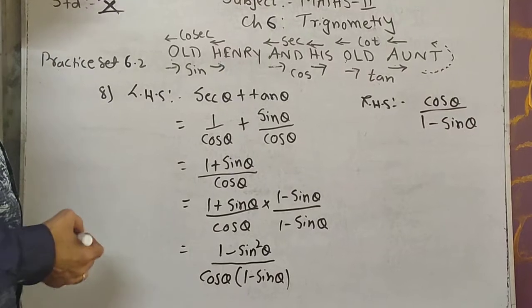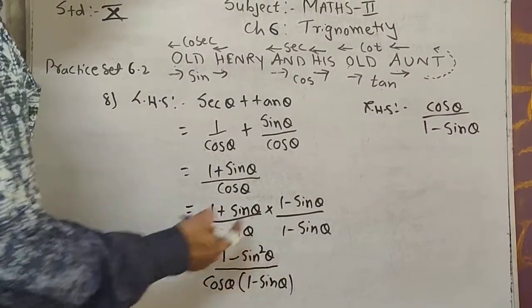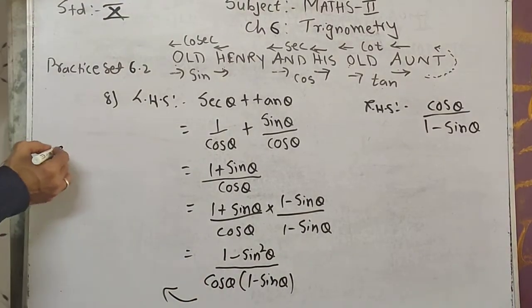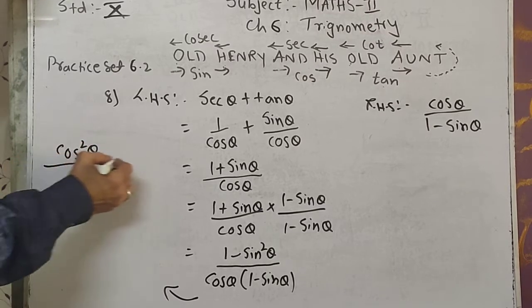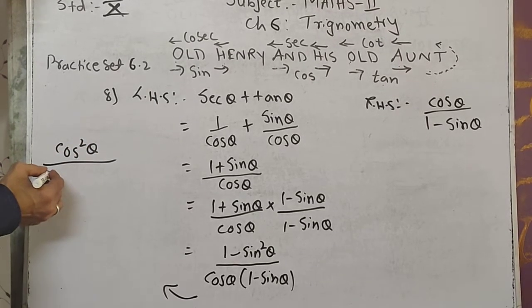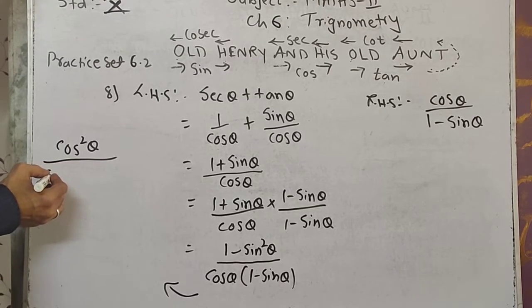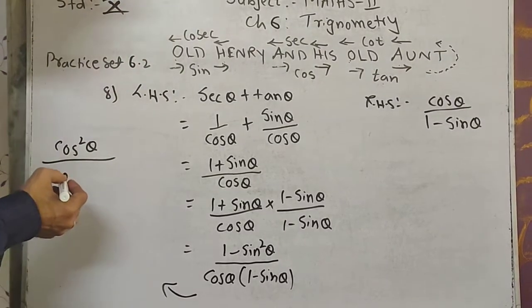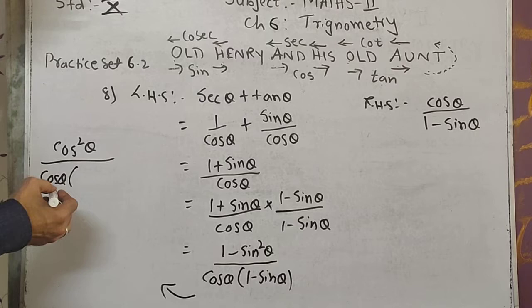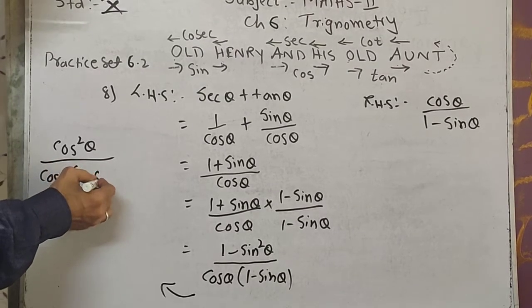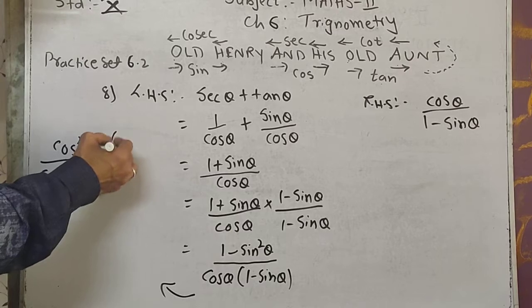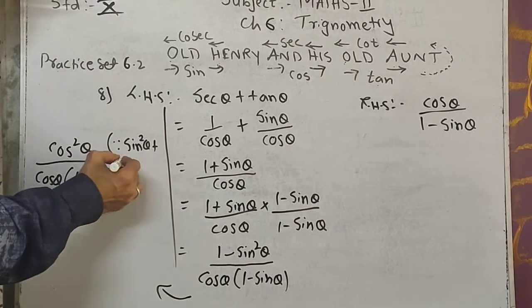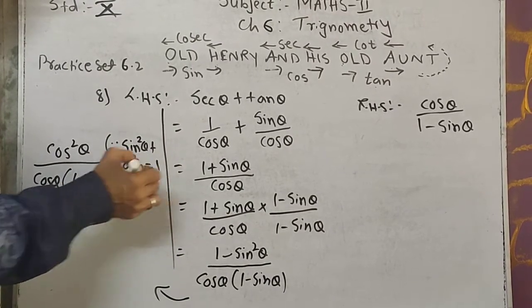Now 1 minus sin square theta means cos square theta, upon cos theta into 1 minus sin theta, because sin square theta plus cos square theta is equal to 1.